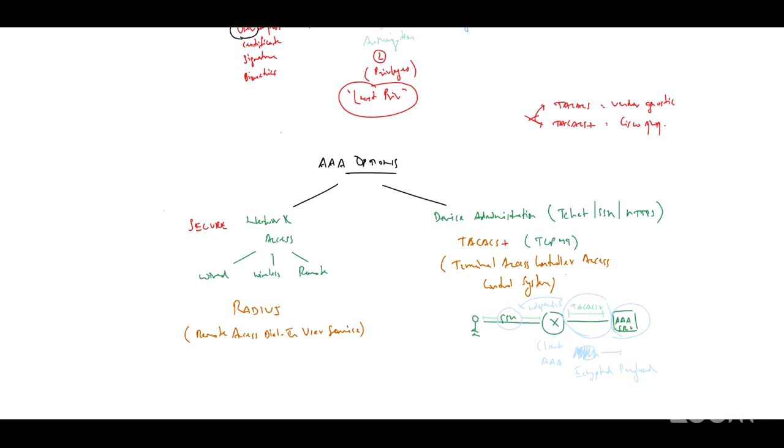Okay, and later on we'll talk a little bit more about identities. But when we talk about network access, when we talk about people trying to access over wired, wireless, or remote, it could either be users or it could be their devices. So there can be two things which can try to connect or get access on the network.